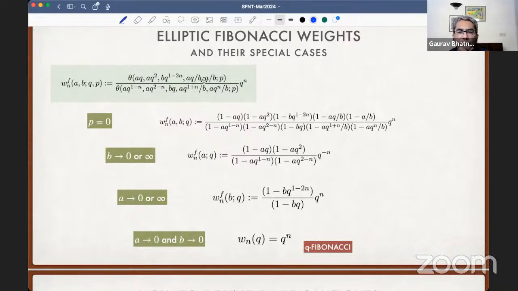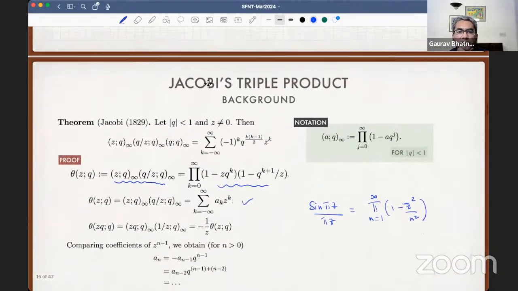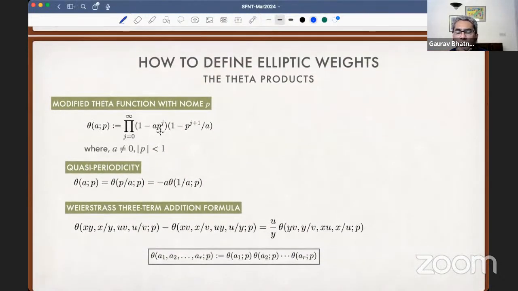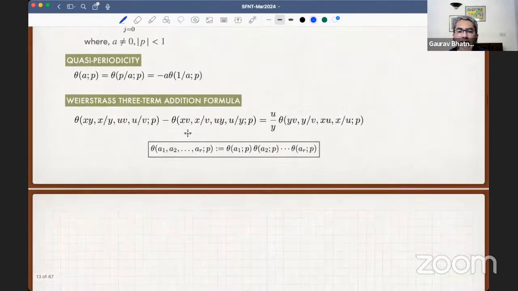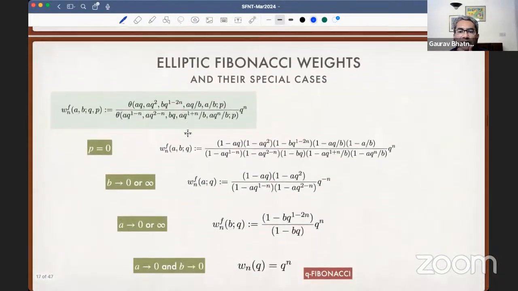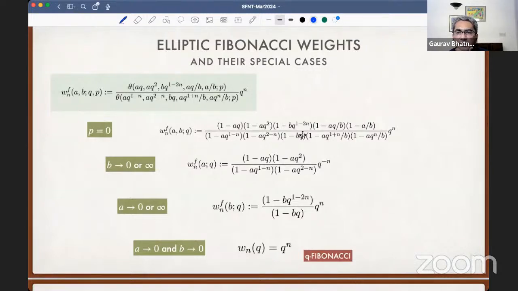And if you put p equal to 0 in this theta product, you just get 1 minus a. So if you put p equal to 0, you get this product, this weight function. If you further put b equal to 0, you get this thing which we call the weight with a.